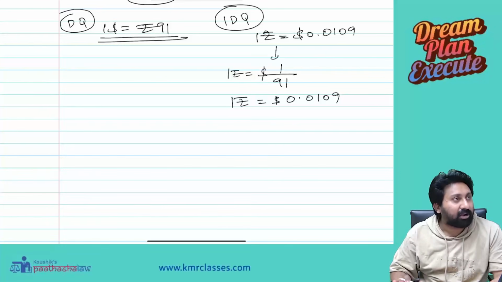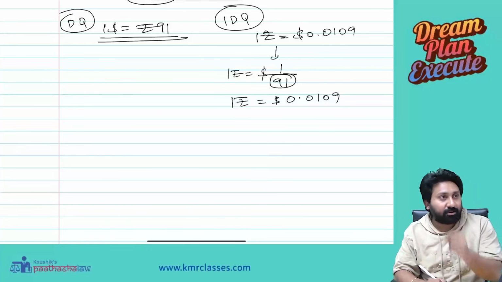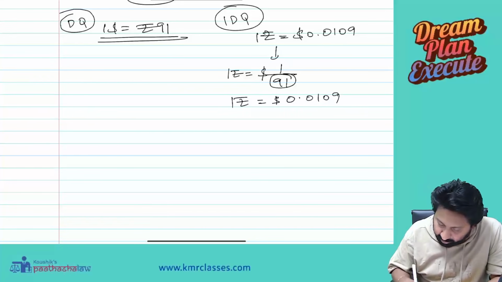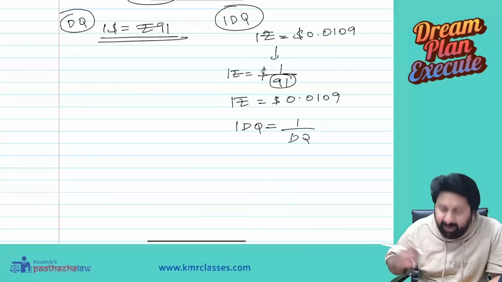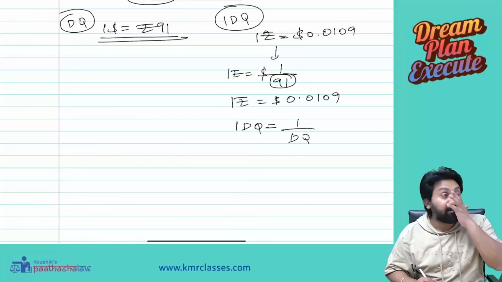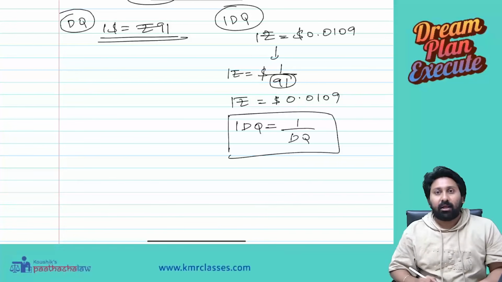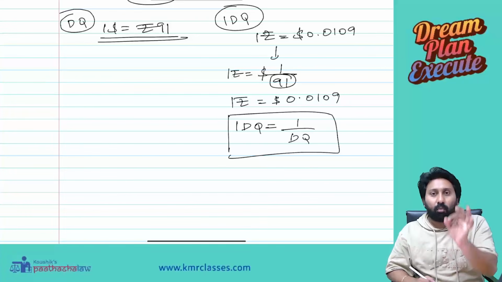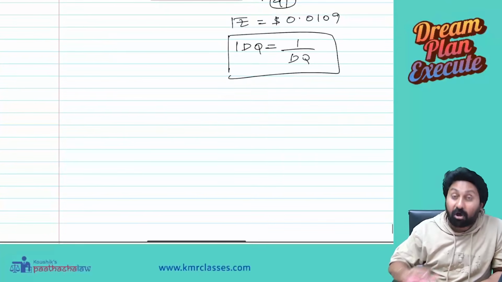But what you have to understand here is that 91 is a direct quote and 1 by 91 is an indirect quote. Therefore, an indirect quote is nothing but 1 by the direct quote. Remember this rule. That's a thumb rule that we need to remember always.